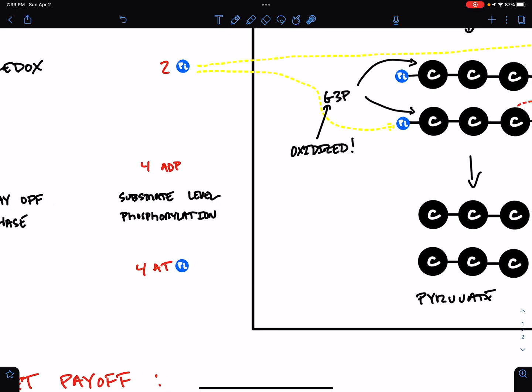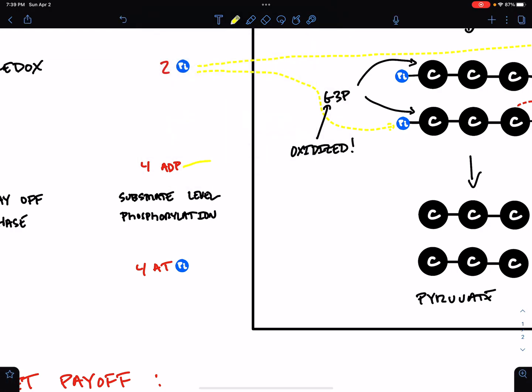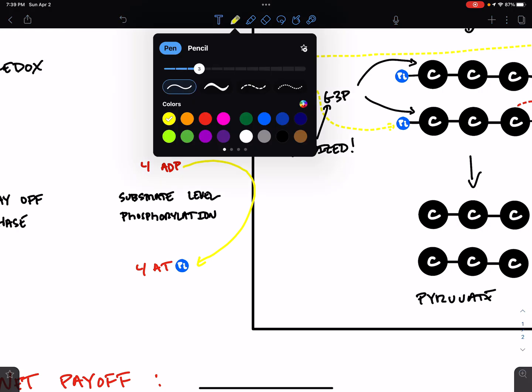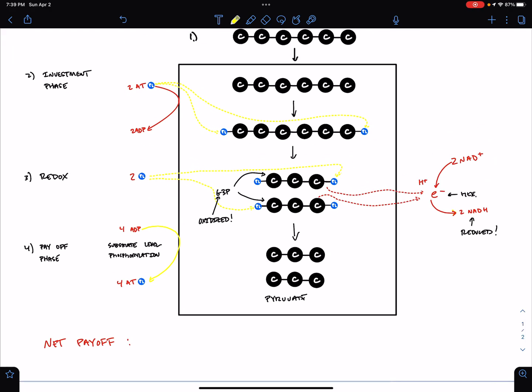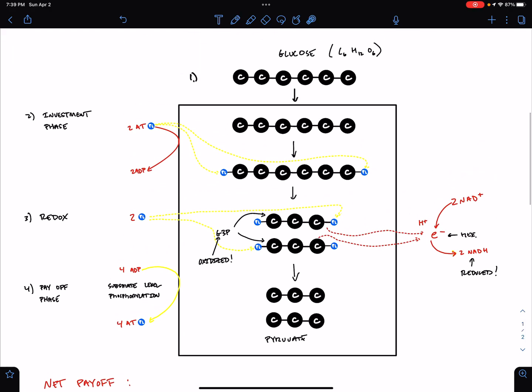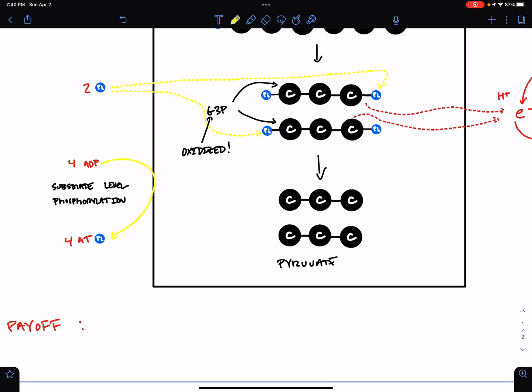But there's a second way that ATP can be made, and that's when we bring ADP over to touch a molecule that contains phosphate groups, and we strip those phosphate groups away. So everything that we just put onto glucose, which is no longer glucose but is now G3P, all of these phosphate groups are going to be pulled off of the molecule.